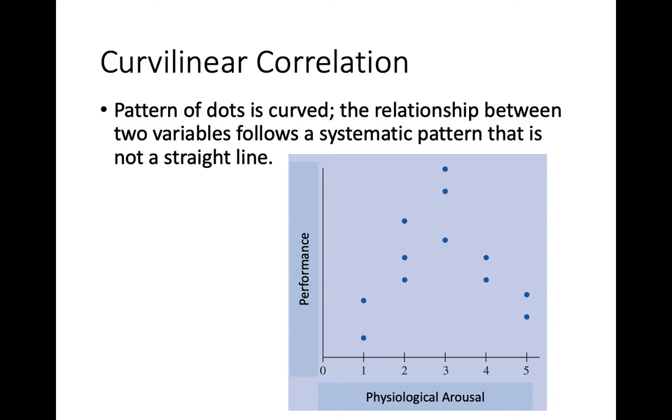So one example that is often used in psychology that demonstrates a curvilinear relationship, specifically what is known as an inverted U. Okay, so you can think of this pattern as an upside down U, would be the relationship between physiological arousal.